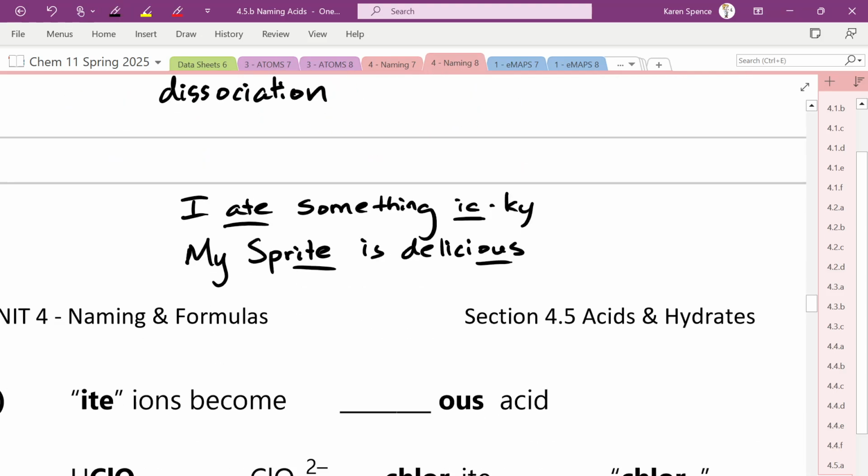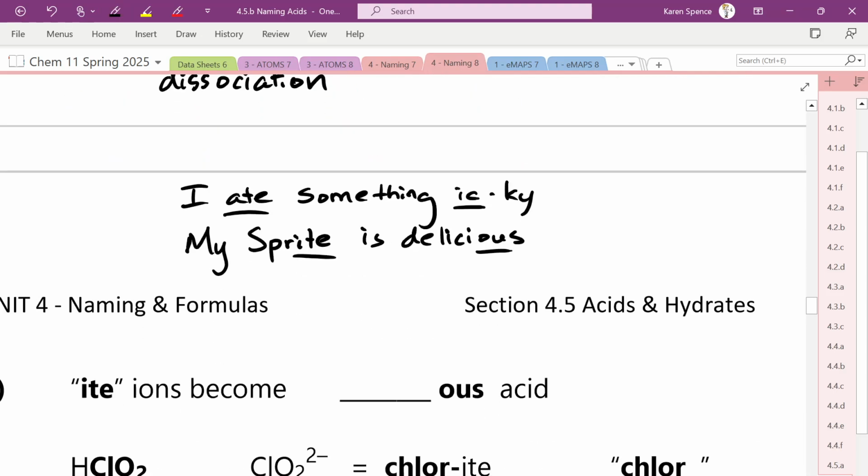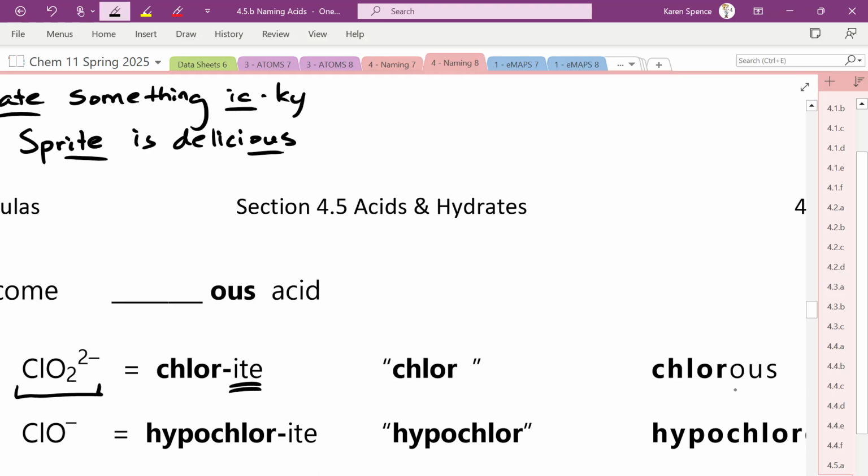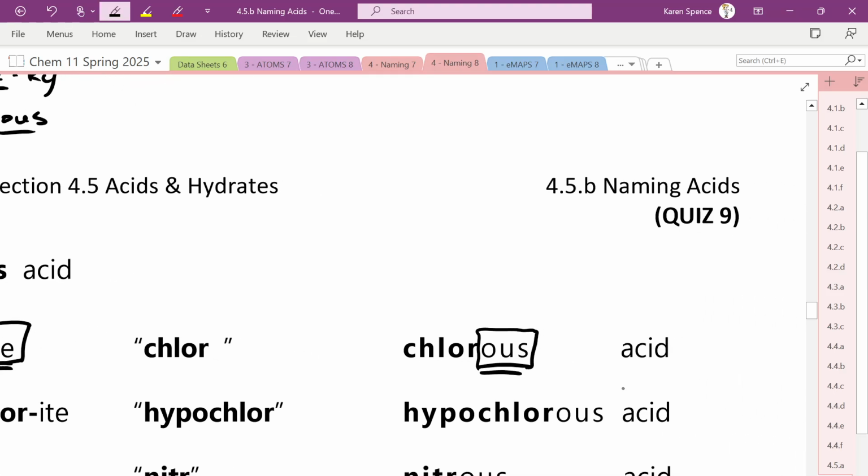If we have an ite ion, so let's say we had HClO2. ClO2 is chlorite. We take away the ite and we add ous. So chlorite becomes chlorous acid.